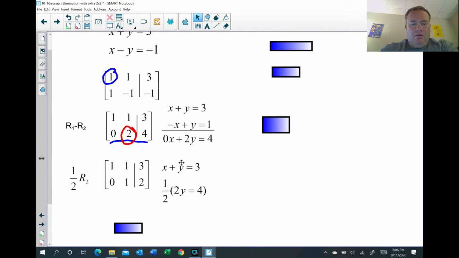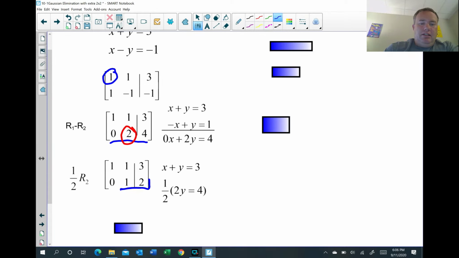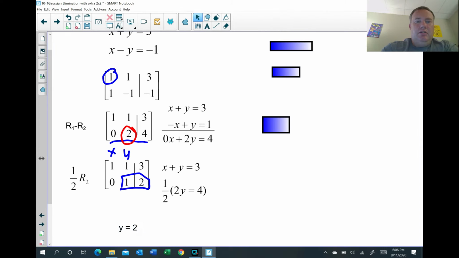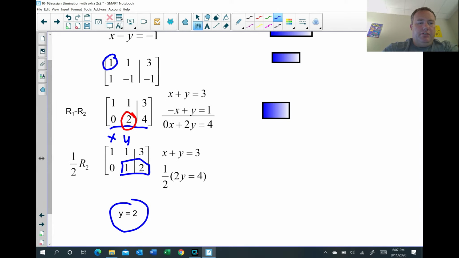At this point, you've done all the Gaussian portion you need to do. Since this is the x column and that's the y column, and you have a 1y, you have y equal to 2. Now that you know what y is, we can plug that back into the original equations.